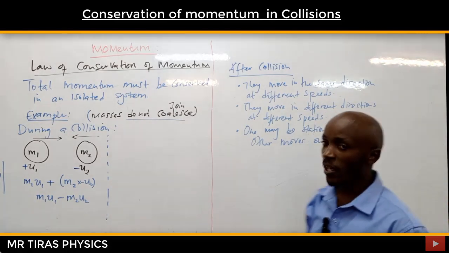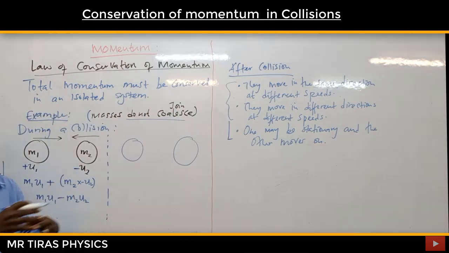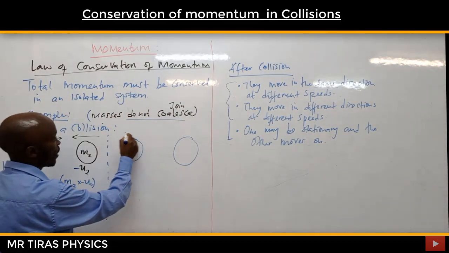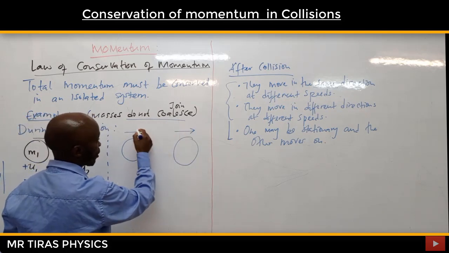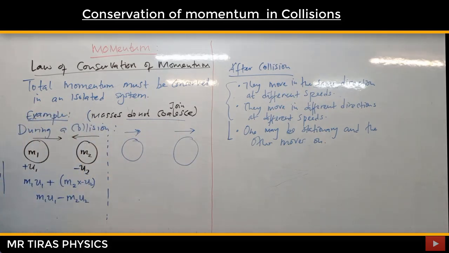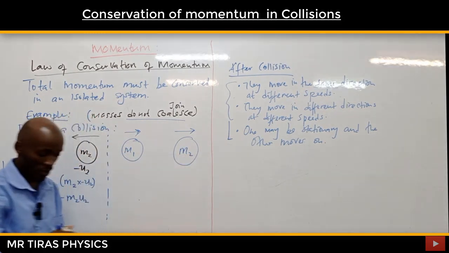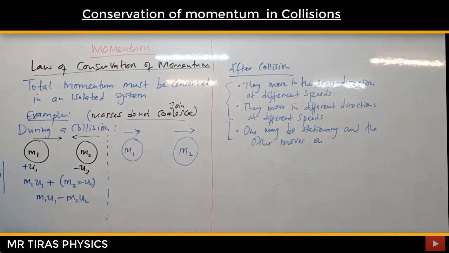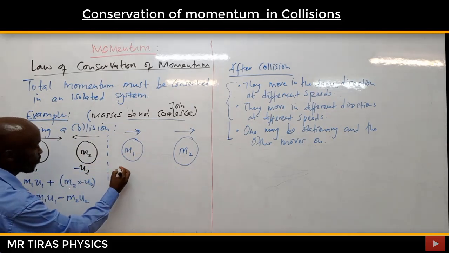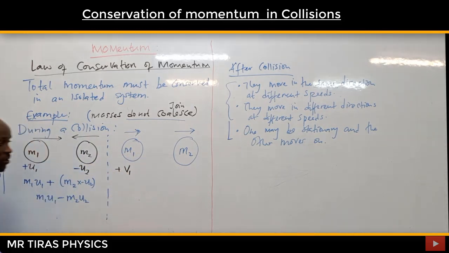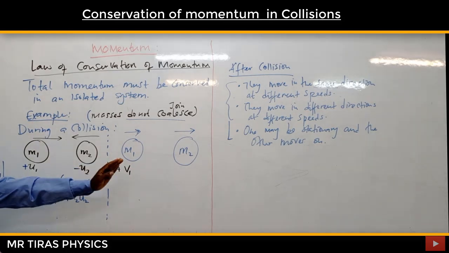And then, let's suppose they move in the same direction like that. So we still have our m1 and this is our m2. Now after they collide, our positive was in this direction, so this will still be positive v1 because it still moves in the same direction.